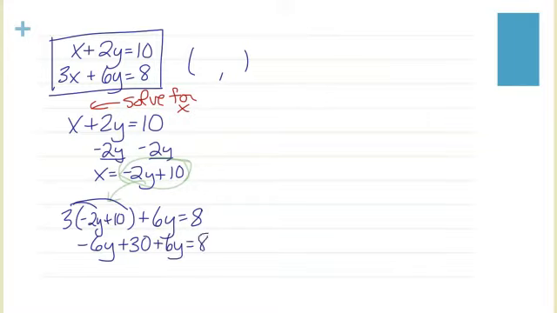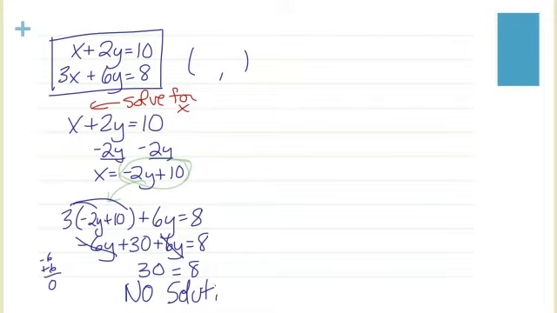When I combine my terms, what happens? I have negative 6 plus 6. That's 0. These guys go away. They cancel each other out. So what does that mean? That means no solution. Why is it no solution? Because 30 does not equal 8, right?